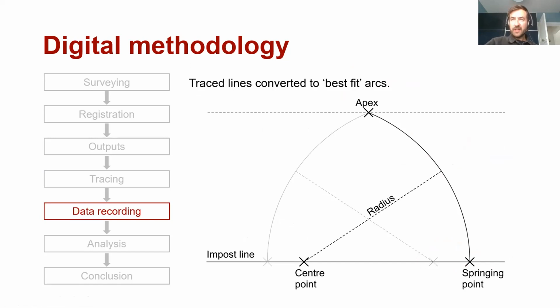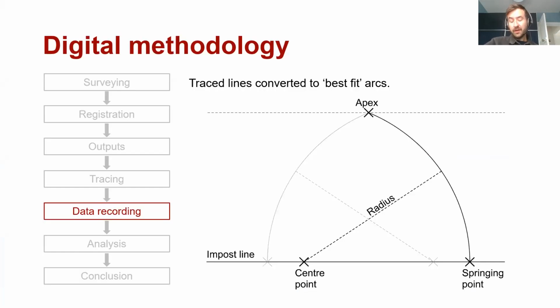So once we have the traced lines, we first convert them into best fit arcs. Because the tracing process, and we'll show you this in a video in a second, is almost like a dot-to-dot puzzle. So the first thing we do is create a best fit arc. So it's a piece of true geometry, and that then gives us some key geometry to work with.